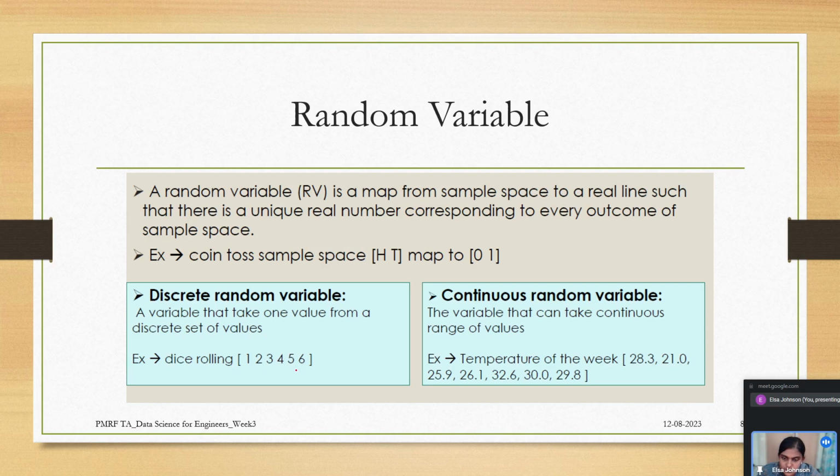So dice rolling, there are 6 different values. In the other case, the variable that can take a continuous range of values, for example the temperature of the week which is recorded, like 28.3, 21.0. So this will show a continuous graph. So there are two types, discrete random variable and continuous random variable.